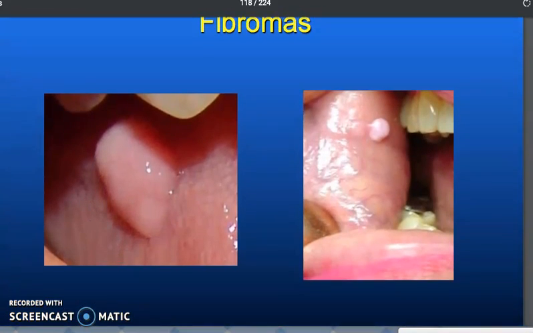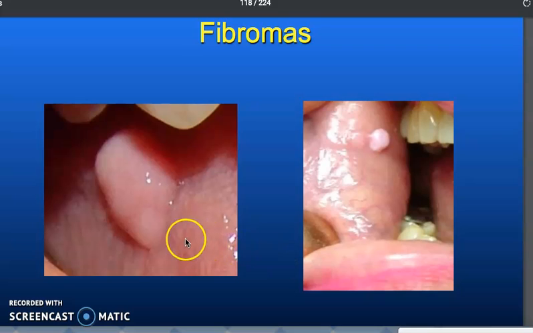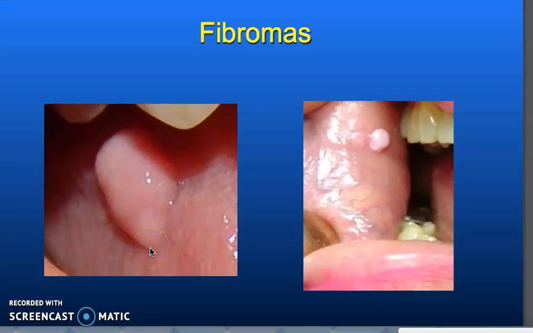Okay, so this is an example of two fibromas. So here you have this large bump, and this can be real scary if people find these in their mouth. They think it's something more serious, but the dentist can usually diagnose these just by appearance, and here you have one. This one, I would imagine, would be from biting on the cheek.